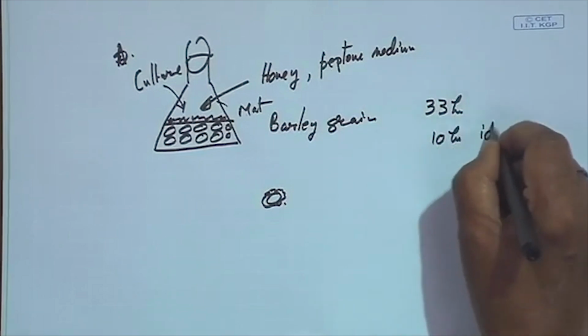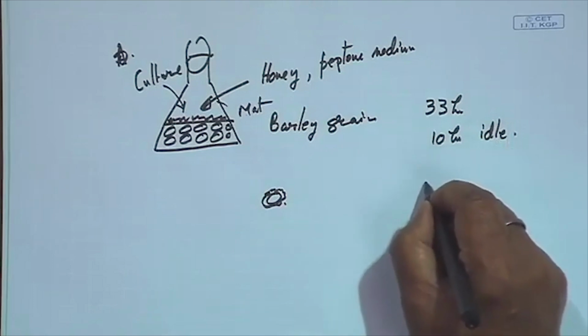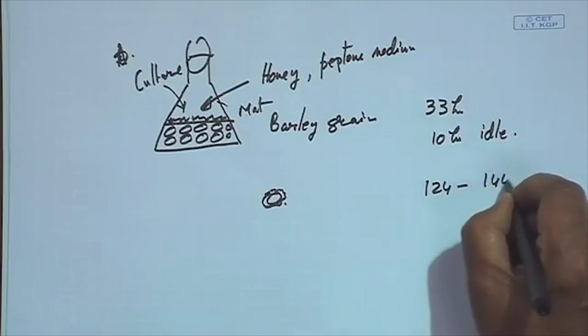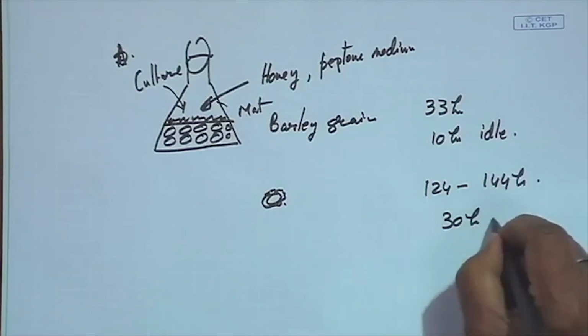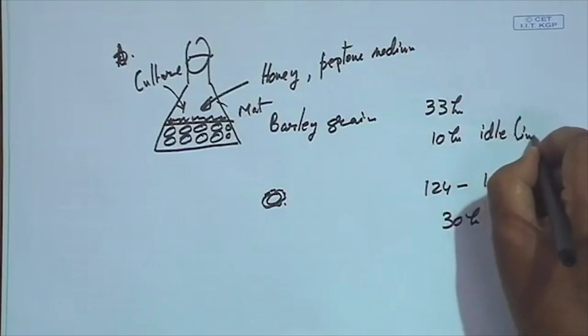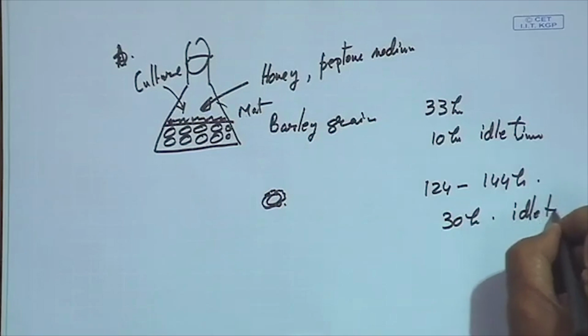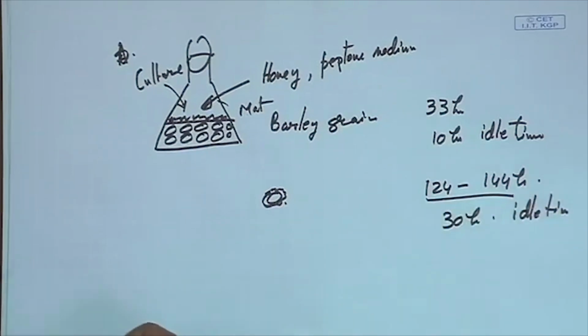Now in case of the production fermenter, I told you that the time is 124 to 144 hours, and here the idle time is 30 hours. This is the total fermentation time.